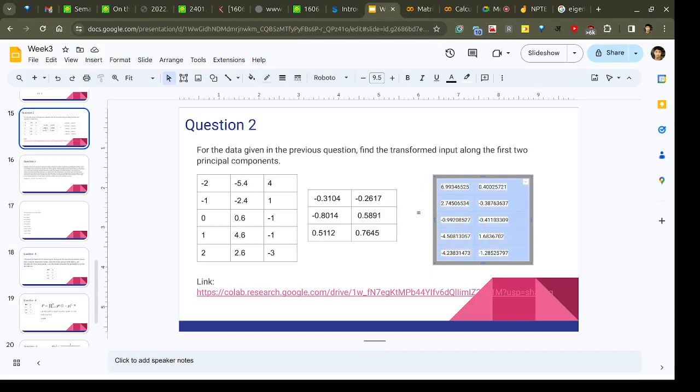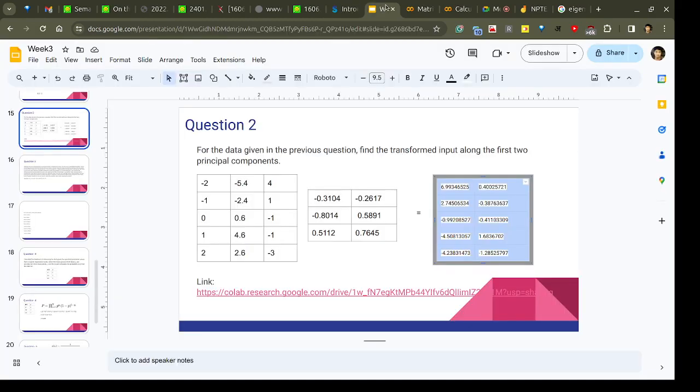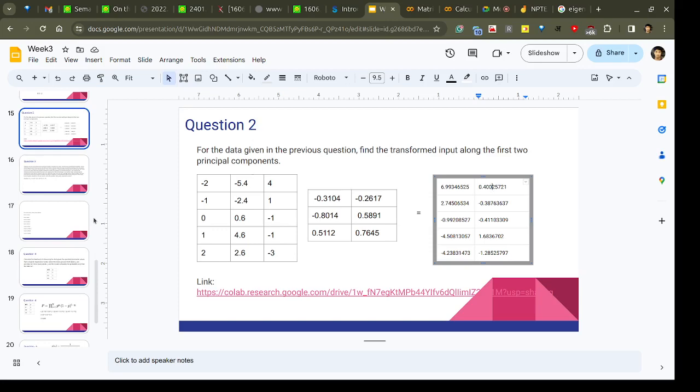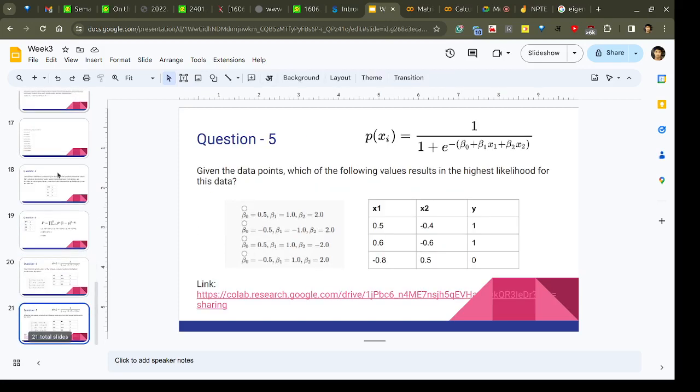And if we see the options, 6.9935, 0.4003, 0.400 is near to 3 if we round off. So this one is the correct option. If you have any confusions for any of the questions, please let me know.